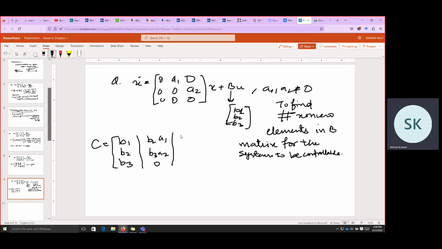Then we have a square, B3, A1, A2, 0, 0. Now, the determinant of this should be non-zero. So if we expand this, this should go to 0, and then we have again this one, this should again go to 0. The remaining term is this one, corresponding to this one.